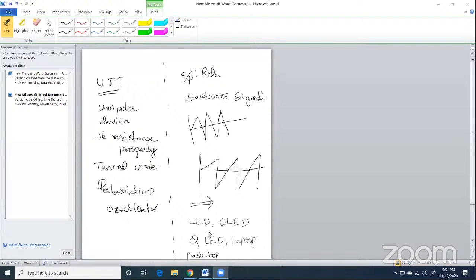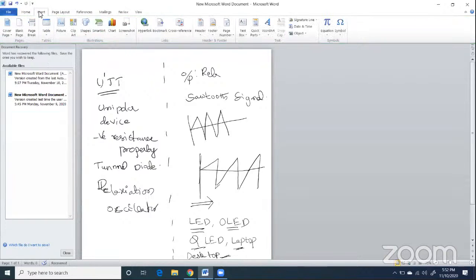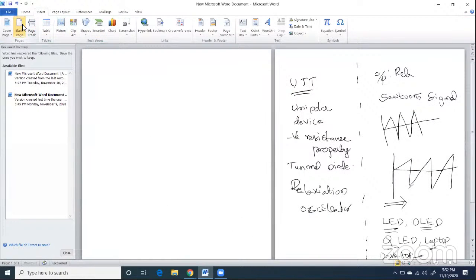Just tell me, while we are purchasing all these, what are the important specifications we are considering? Regarding size, please tell me, guys. Regarding size, what is the specification we have to consider?